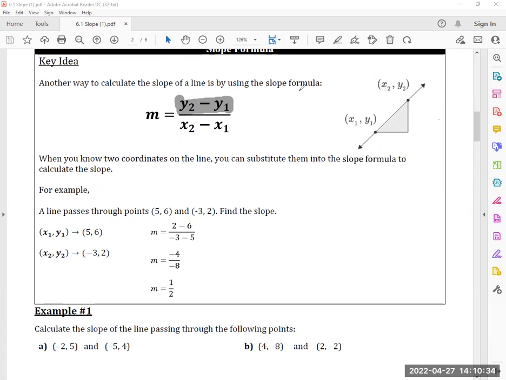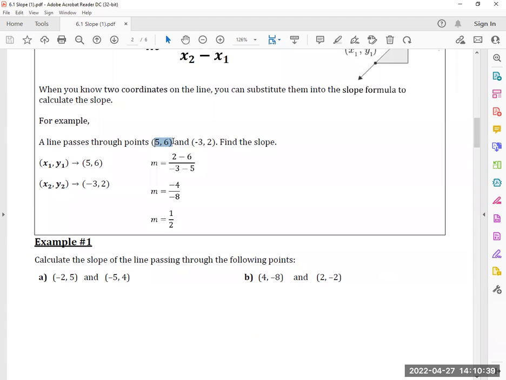Example. In this example, I have a point that goes through 5, 6, and if you want a visual, 5, 6 is around here, let's say, and -3, 2 is around there. I want to know what the slope of those 2 points is. Instead of looking for a way to count the graphs, you don't even need this. What you can do is set up an equation. I'll do it by color. My 5 is the blue, it's the x value.